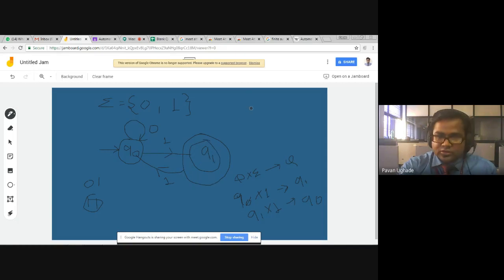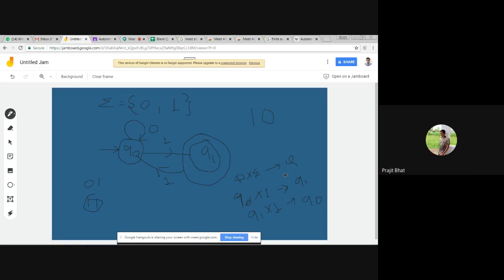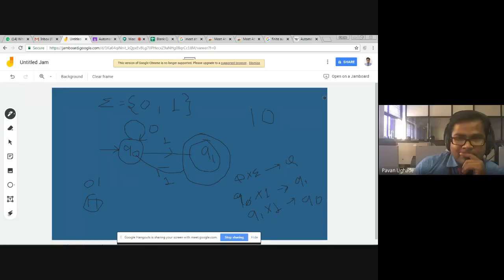What about 10, should it be accepted? Yes, 10 should be accepted. Always read the first character first, through the initial state. So q0 over 1 reaches q1, as we have designed the automata.